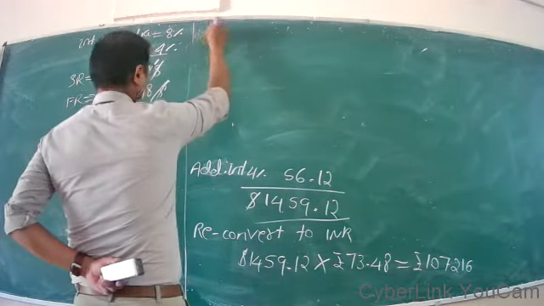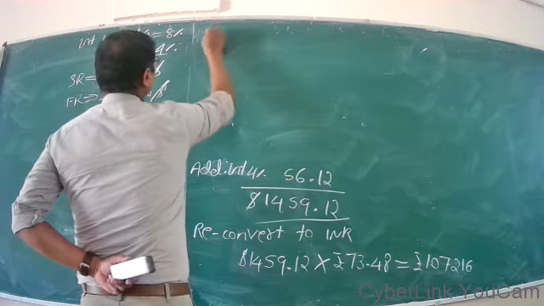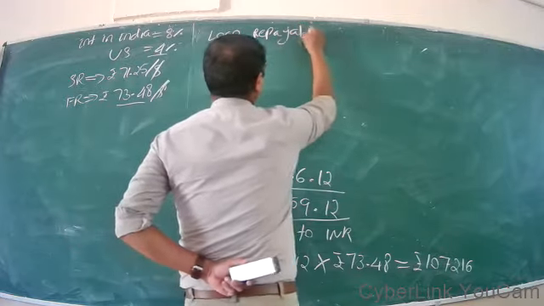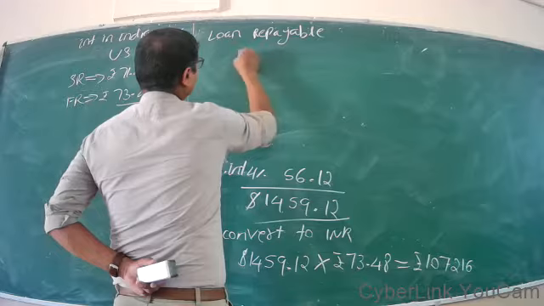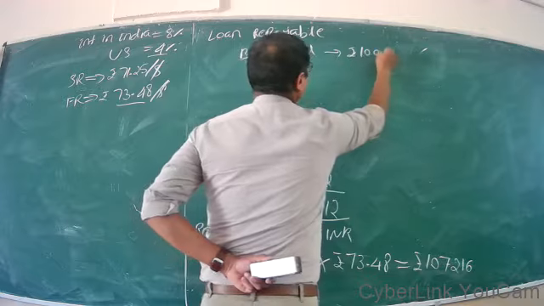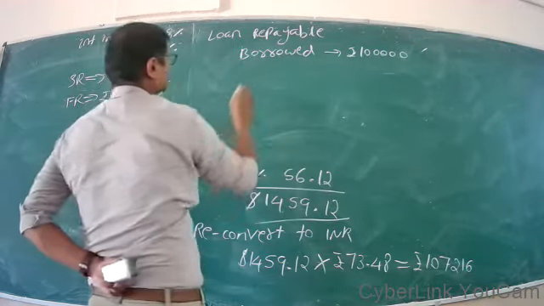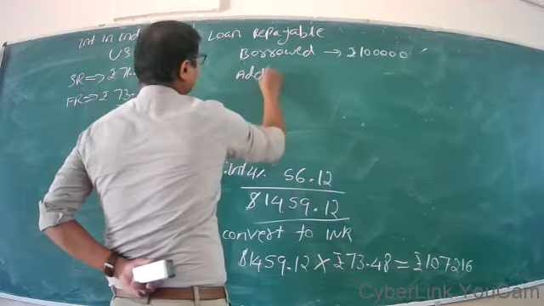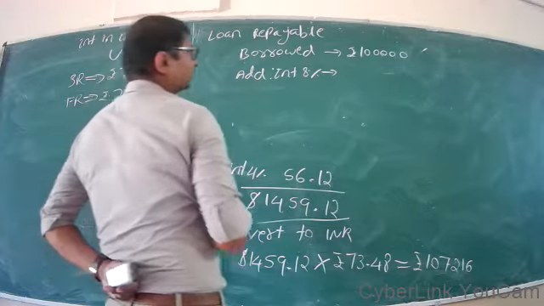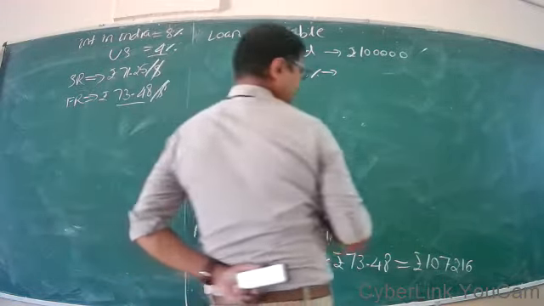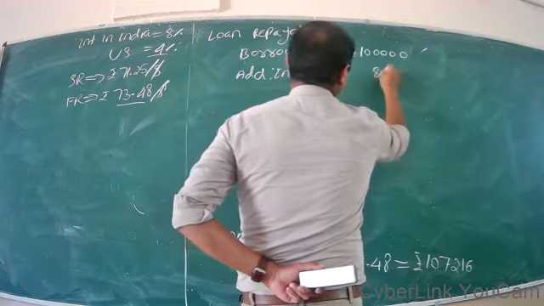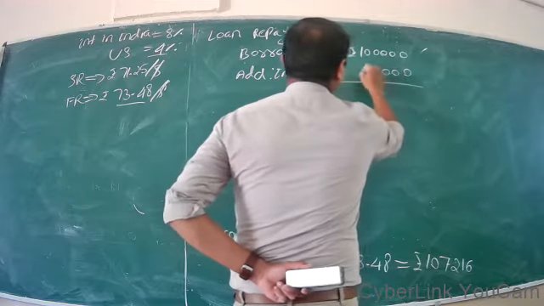So you have borrowed from Indian bank, now you have to pay them back your borrowed money. Loan repayable. So the borrowed amount is rupees 1 lakh and you have to pay the interest of 8%. 8% in the sense 8,000 rupees.